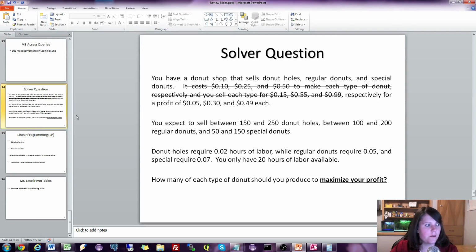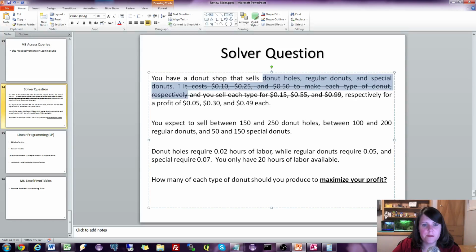Okay. All right, so in terms of Solver, I just wanted to do one example paired with a brief review of the linear programming aspect, just to remind some of you how to do the calculations on Solver that you might need to do. So we'll look at the donut example again. We have a donut shop. I know we went over this in class, but it sells 3 different types of donuts.